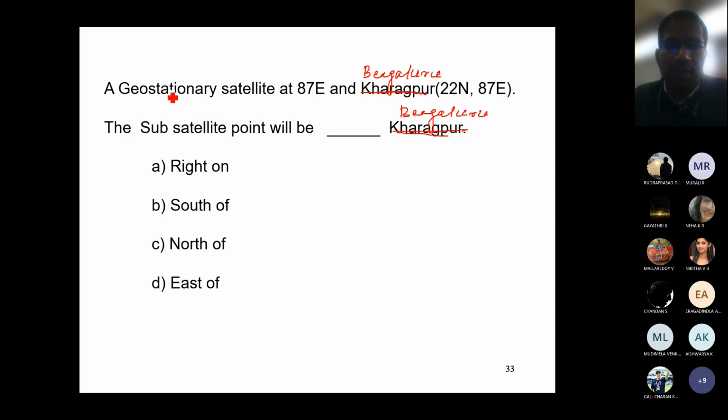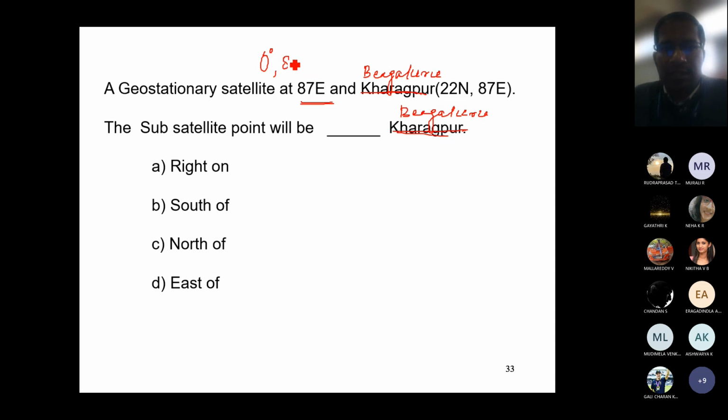So let us try to understand or analyze the question. A geostationary satellite is at 87° east. See, only the longitude is given, latitude is not given because it is a geostationary satellite. Geostationary satellite means the latitude will be 0° north or 0° south.